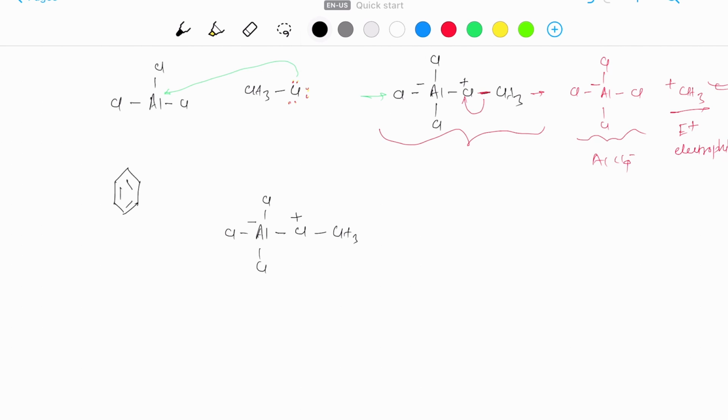This double bond will try to attack this methyl group here. The bond between methyl group and chlorine will break, and in the next step we'll form a benzene ring where the double bond will be broken already, and we have attached our methyl group.